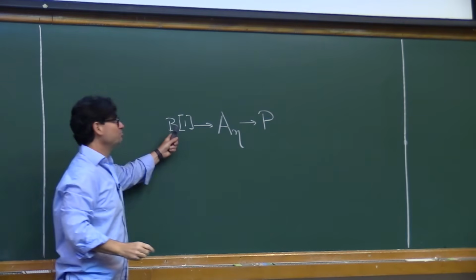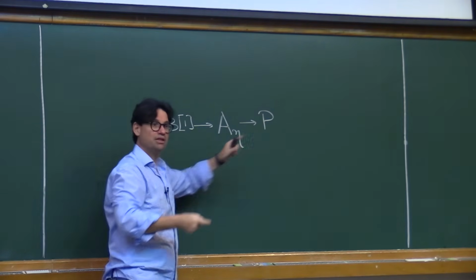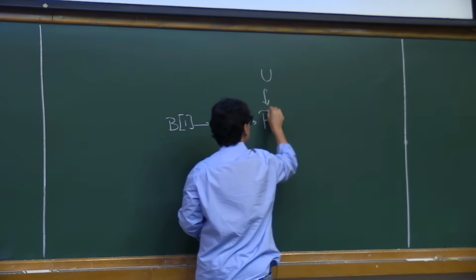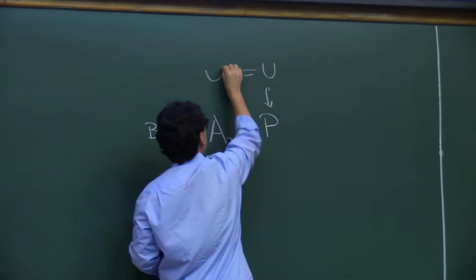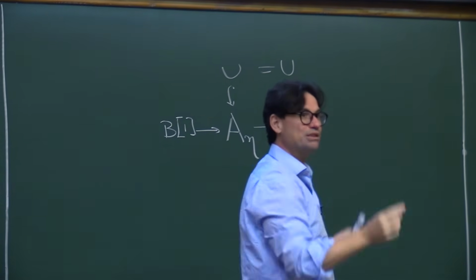Meaning that B is the H^-1 cohomology and P is the 0 cohomology. And complete non-triviality means that no subsheaf of P factors through A. This is the complete non-triviality.